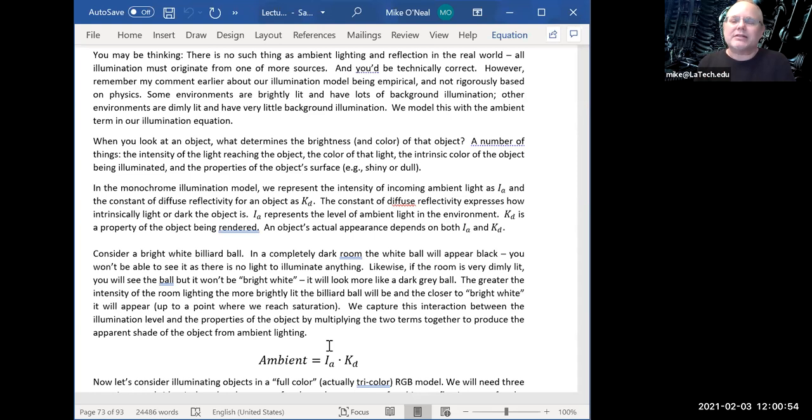So I_A is the intensity of ambient light in the environment. You multiply that times the diffuse reflectivity of the object you're rendering. You need both of those things because this color is different from this color, right? And so the constant of diffuse reflectivity is giving you the characteristics of different parts of me in this case.